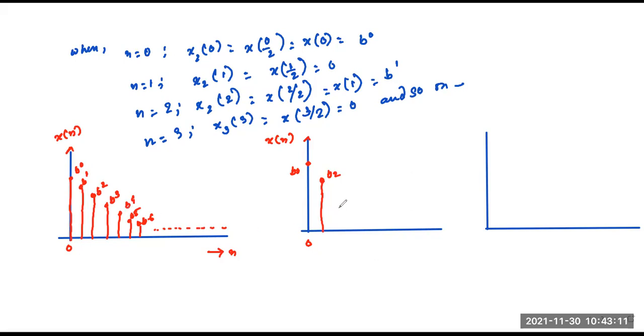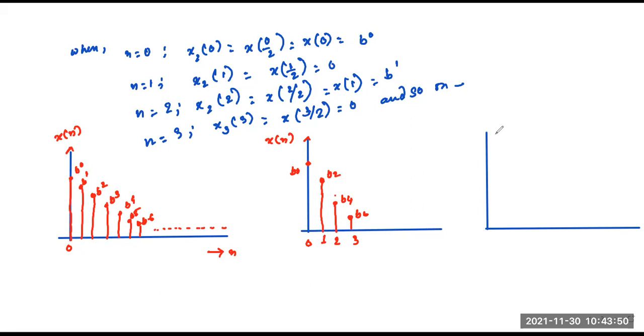This will be b4. This is b6. So the last one. So this will be b6.